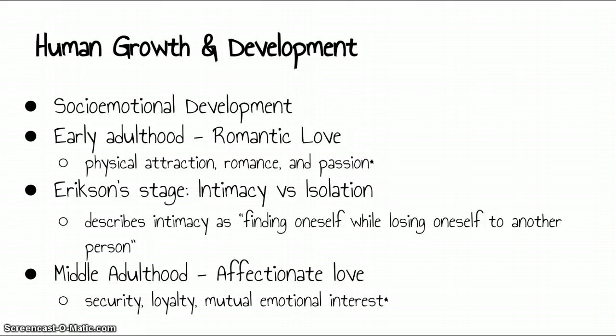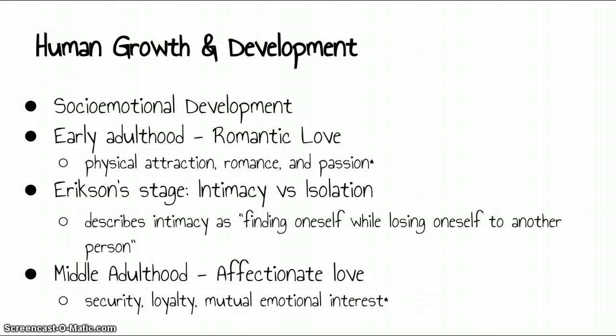In early adulthood, partner preferences in this stage deal with romantic love. And this has to do with physical attraction, romance, and passion. Erikson's stage of development would be considered intimacy versus isolation, and it describes intimacy as finding oneself while losing oneself to another person.